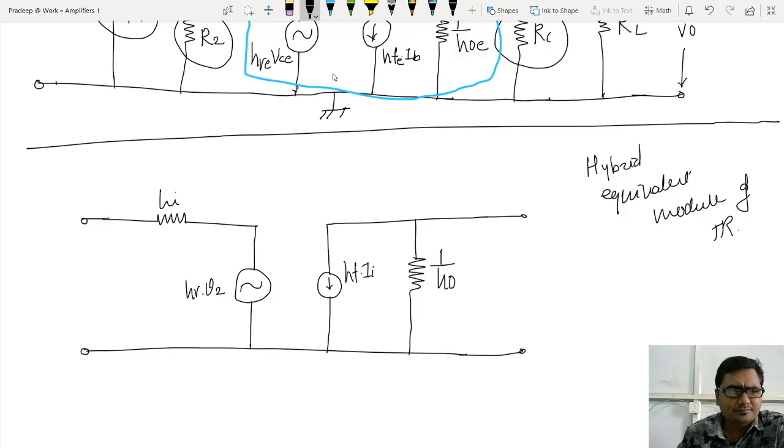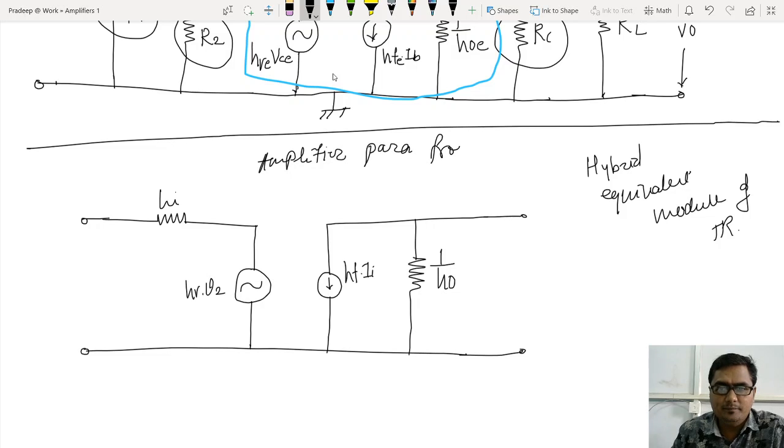Now I want to derive the amplifier's parameters from this circuit. Actually, it is an equivalent circuit.